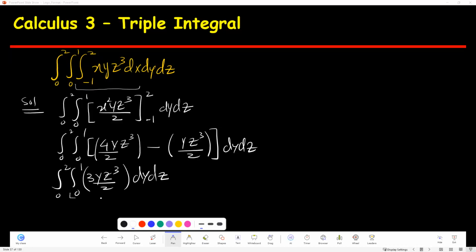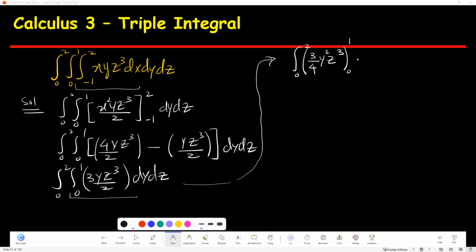I'm going to take the second integral, right? Here it is going to be 0 to 2. If I take the integral with respect to y, it is going to be 3 over 4 y squared z cubed, and the limit is 1 to 0, and then dz is outside left.